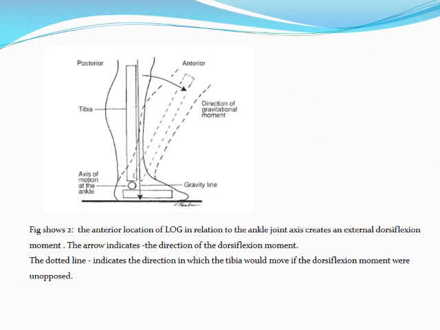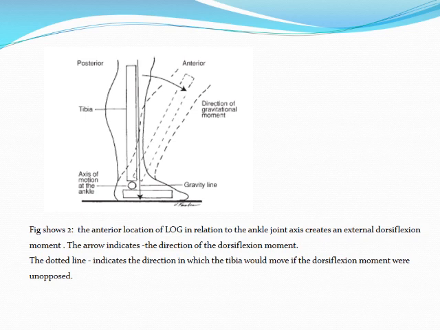So, as discussed in the previous slide, this figure shows the ankle joint axis. The arrow indicates the direction of the dorsiflexion moment. The dotted line indicates the direction in which the tibia would move if the dorsiflexion moment were unopposed.